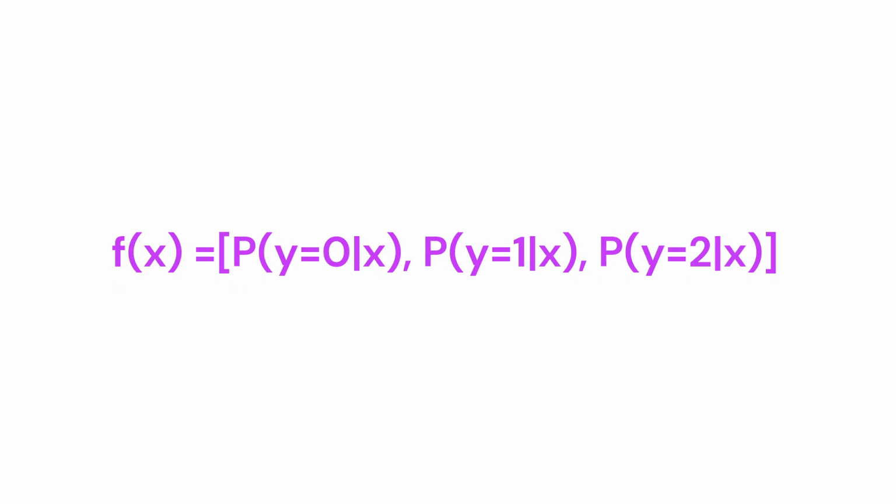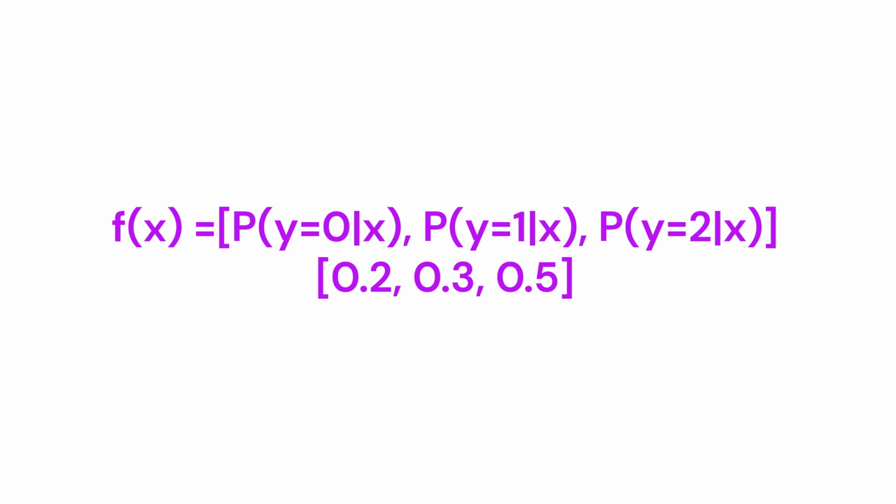Multinomial algorithms. An alternative approach is to use a multinomial algorithm, which creates a single function that returns a multivalued output. The output is a vector, an array of values, that contains the probability distribution for all possible classes, with a probability score for each class, which when totaled add up to 1.0. An example of this kind of function is a softmax function, which could produce an output like the following example: 0.2, 0.3, 0.5.